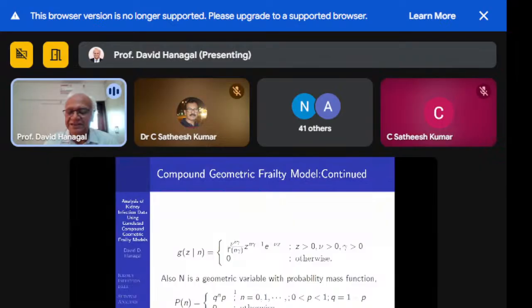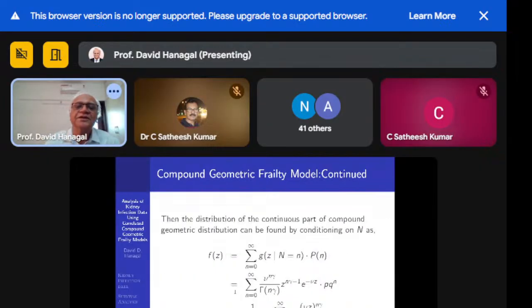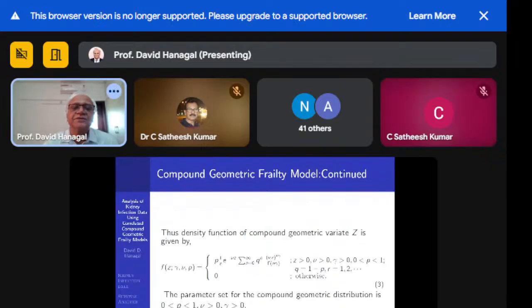Now we have to combine these two because this is a mixing distribution. This is the continuous part of the compound geometric distribution, conditioning on N. That is the density of Z.